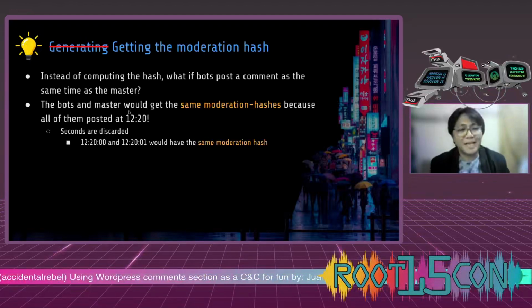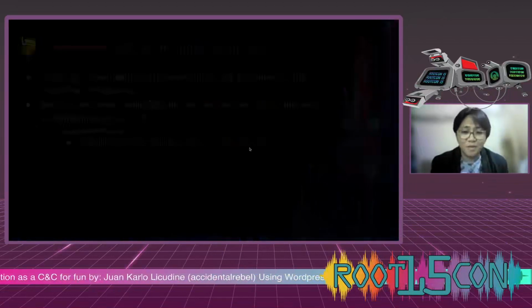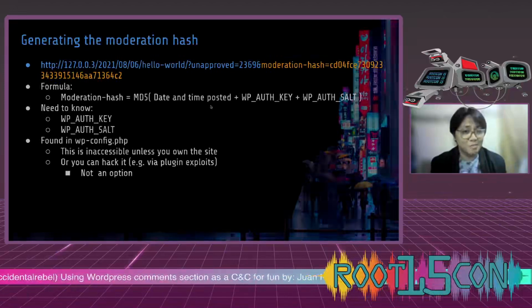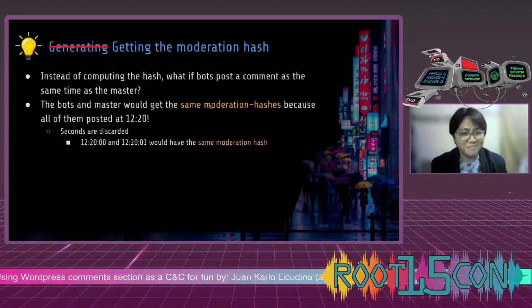If the bots and the master post at exactly 12:20, and you have to keep in mind the seconds are discarded, so even if you post at 12:20:00 or 12:20:15, all of them will get the same moderation hash. Because remember, the formula uses the date and time the comment was posted. So what you will do is just post at the same time.